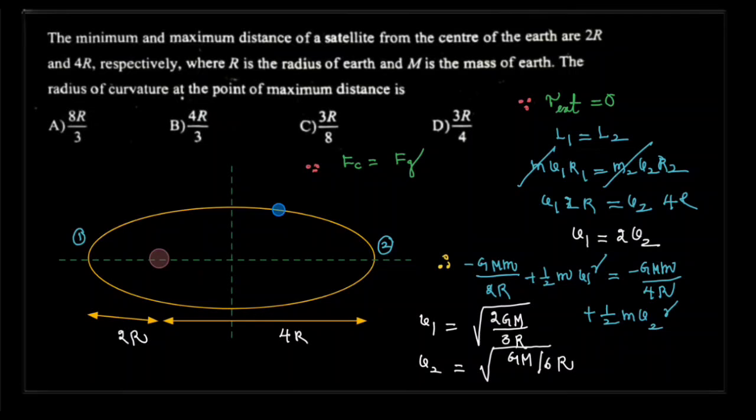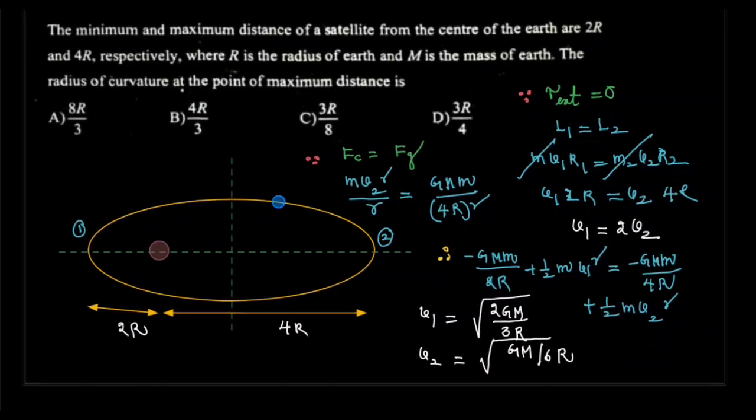Centripetal force can be written as mv square by r. So v2 square by r will be equal to the gravitational force G capital M small m by 4r whole square. If you do this calculation, you will get this small r equal to 8r by 3. So please do those calculations.